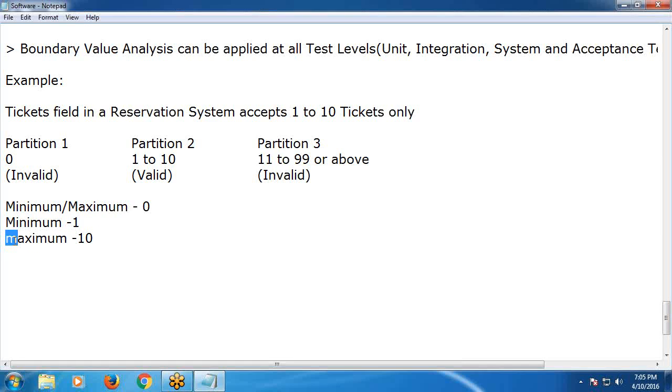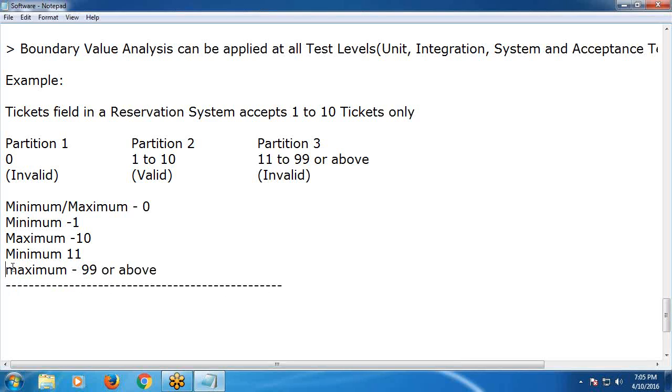For the third partition, minimum 11 and maximum 99. Next, maximum: 99 or above, anyone you can take. These inputs are enough to cover all areas.